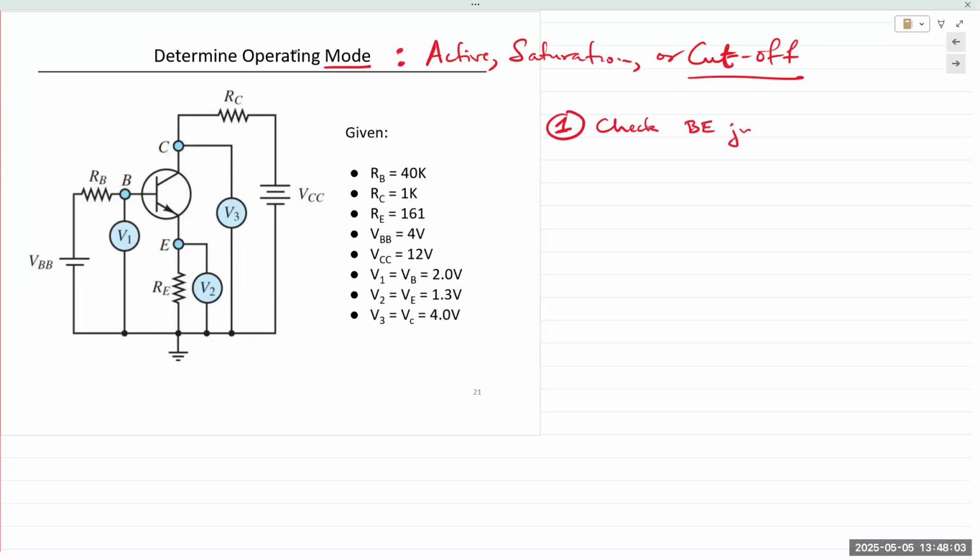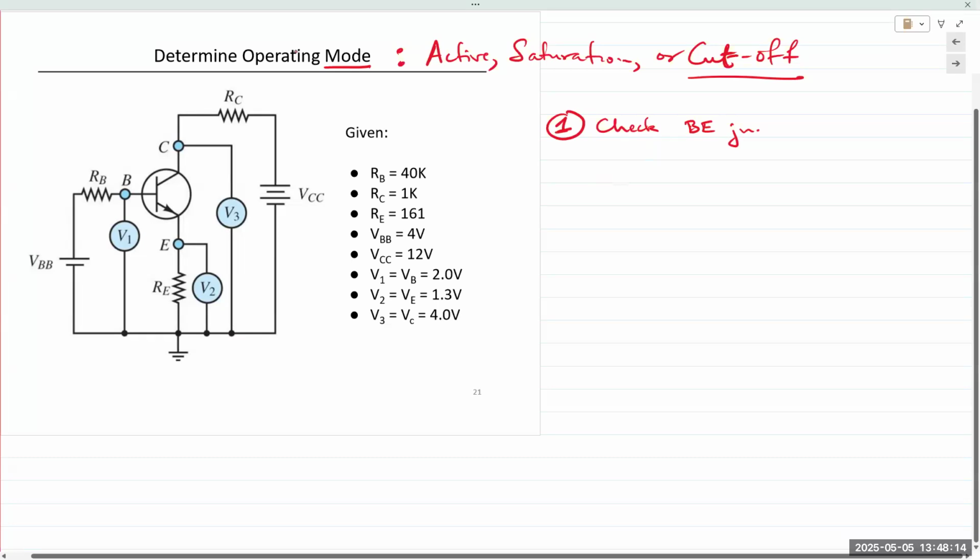So check the base emitter junction. And there we have two options.